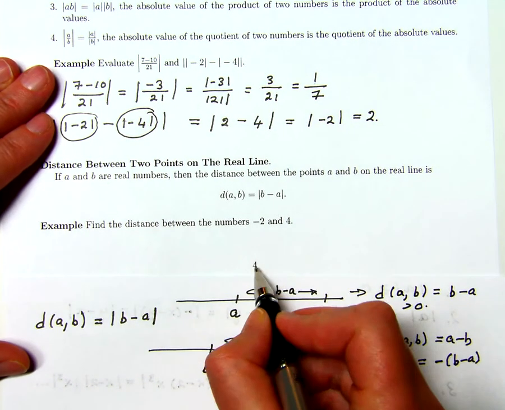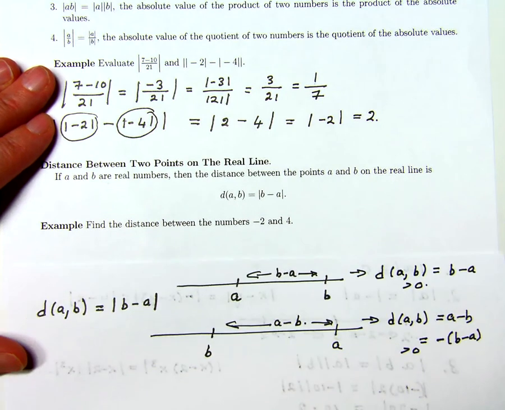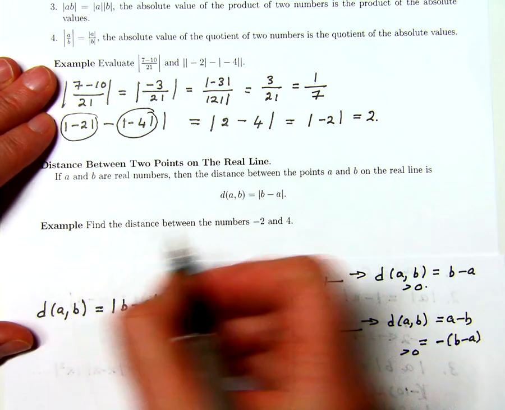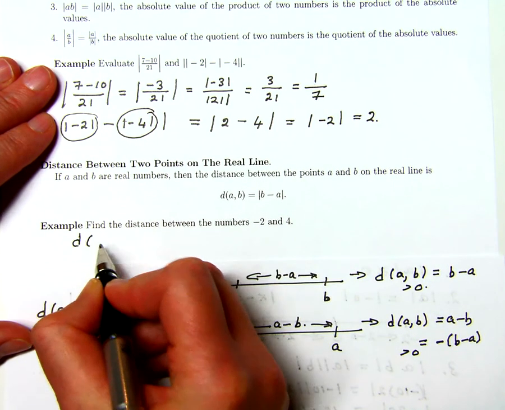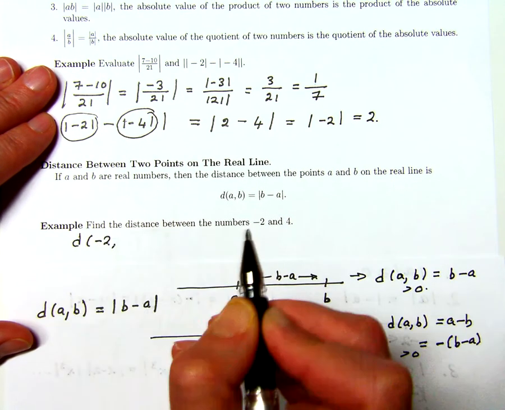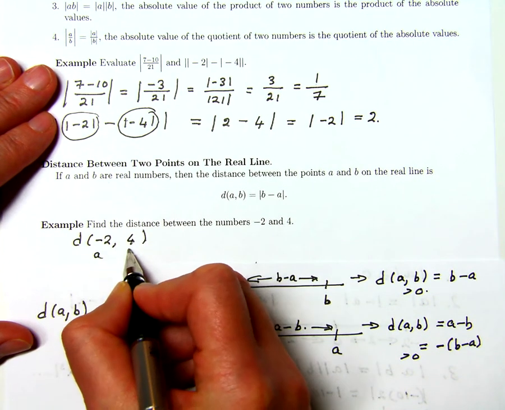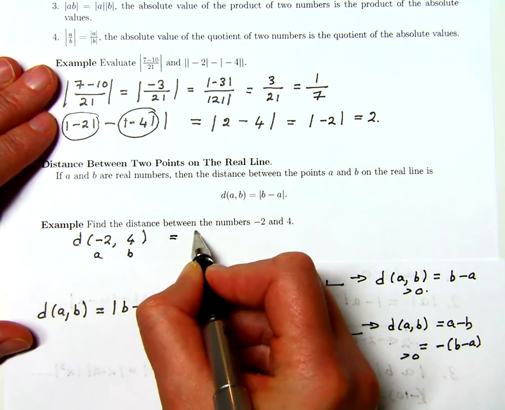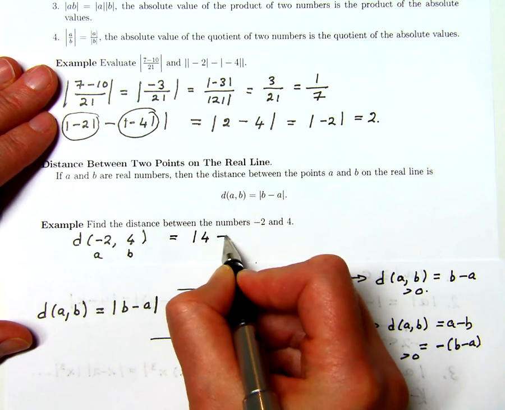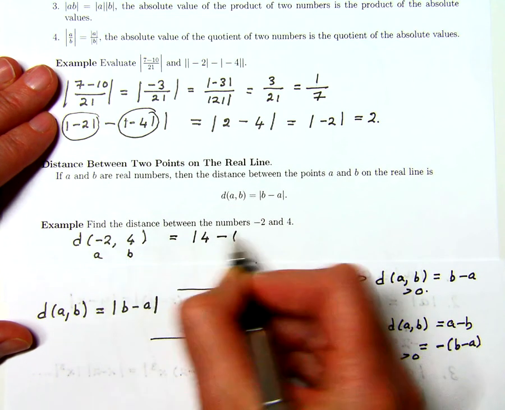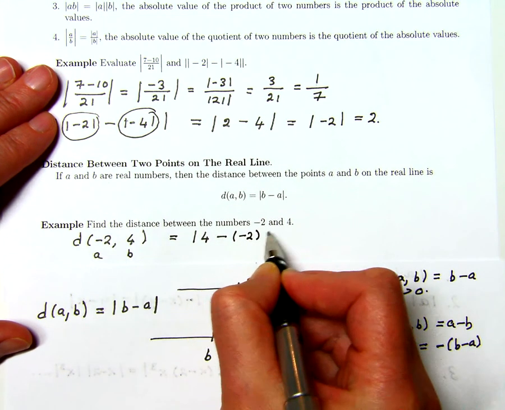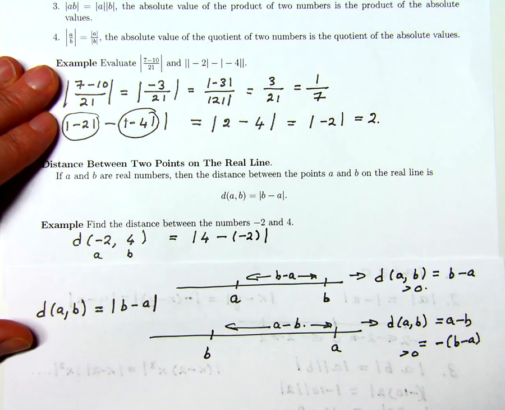Now, we must be a little careful when using this, because let's consider this case, the distance from minus 2 to 4 on the number line. This is our A, this is our B, and that distance I claim is the absolute value of 4 minus, and I must be careful here, this is minus minus 2.